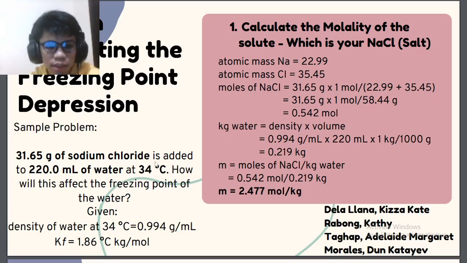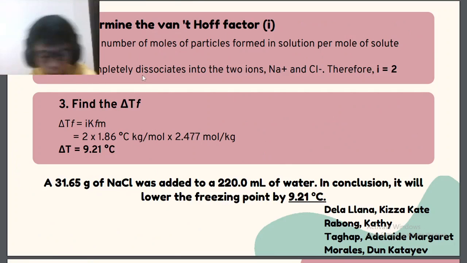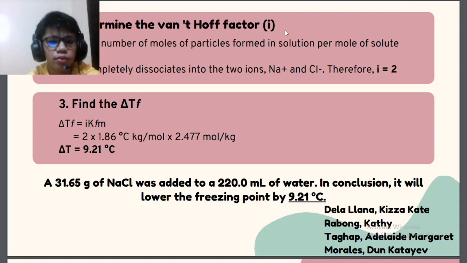We simply need to input these values, and after a few calculations, we should end up with molality is equal to 2.477 moles per kilogram. Mole per kilogram, rather.